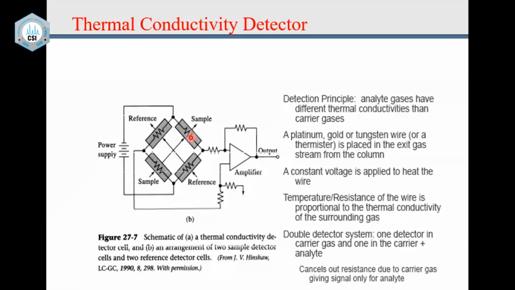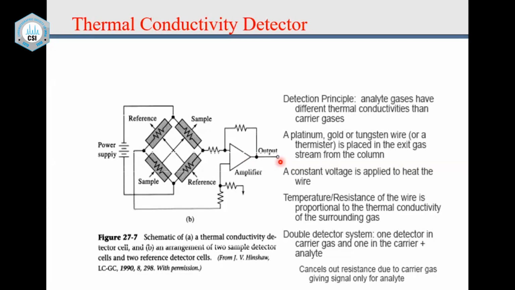That means if the temperature increases, the resistance will increase, and that way if less heat or more heat is carried by the filament, the temperature will either increase or decrease, and depending upon that, the resistance will change, and this resistance change will affect the balance of this Wheatstone bridge. It will become imbalanced, and because of that, there will be output which is indicated as a signal, and you will get a peak as the peak starts coming out from the column.